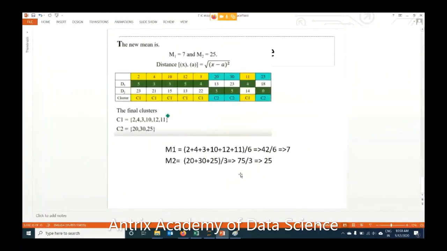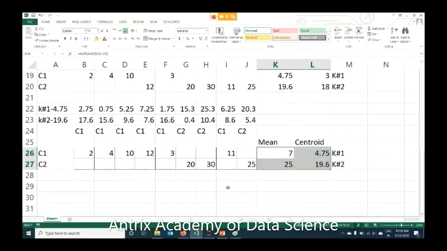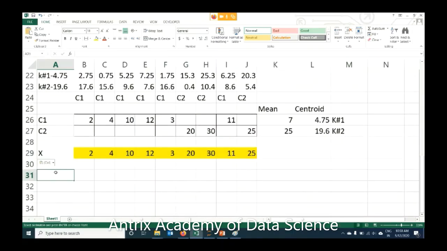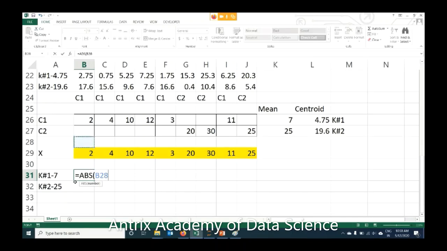So let me see in the PPT, yes, 7 and 25 is my last centroid which is coming common. Okay, so let me do it one last time. So I'm keeping this value intact. This time my K1 is 7, and K2 is 25. So let me take the difference now, ABS, x minus 7, drag this, then absolute value of x minus 25 and drag it across.